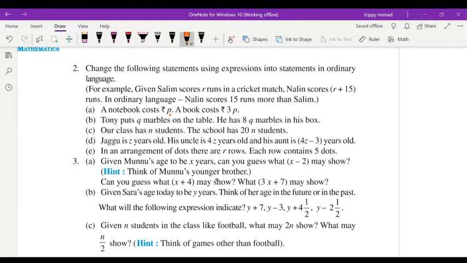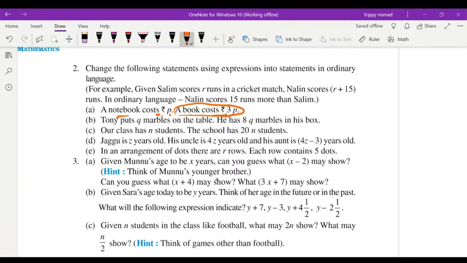That means what you will write? I am just telling you, you have to write. I will not write on the board. I will explain you. That means the cost of this book will be 3 times that of notebook. This is notebook and this is book. Cost of book will be 3 times the cost of notebook.